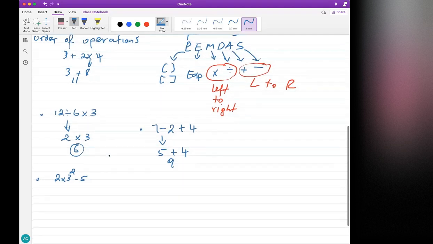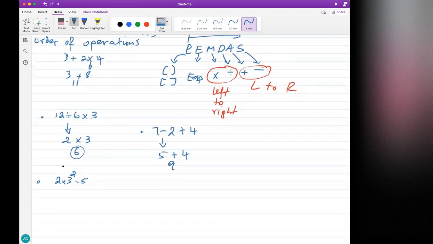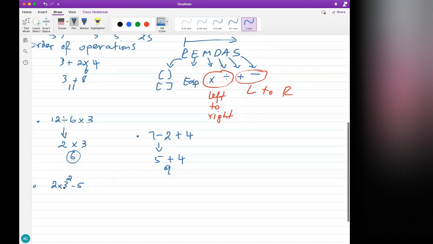Always try to identify your operations first. So it looks like we have a multiplication, we have an exponent, we have a subtraction. And this is the order in which we have to simplify. All right, so what is done first here? What do we do in this expression?